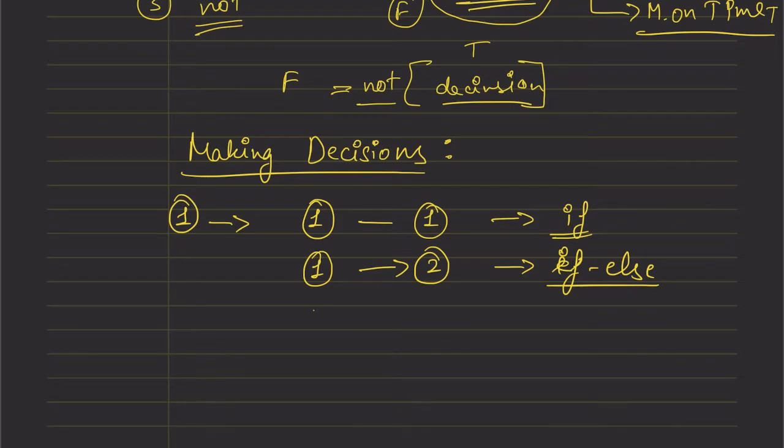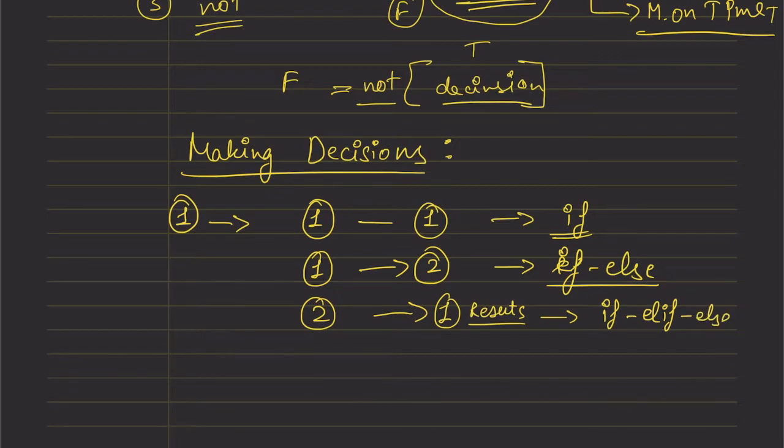If you have two conditions and more than one result, in that case you need to use the if, else if, denoted by elif in Python, and else statement.